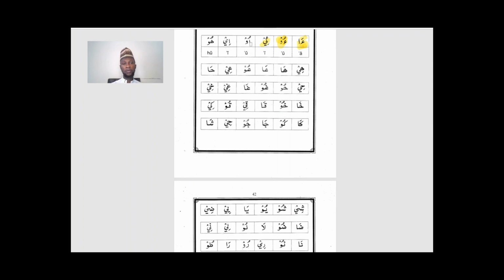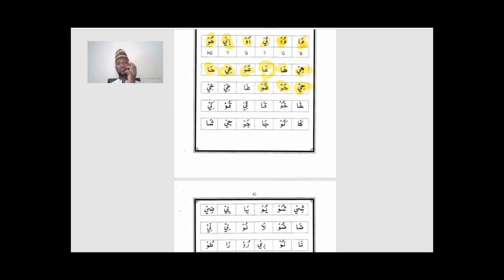So hamza damma waw madd, uu. Alif kasra ya madd, ii. Ha damma waw madd, huu. Ha kasra ya madd, hii. Ha fatha alif madd, haa. Ain fatha alif madd, aa. Ain damma waw madd, uu. Ain kasra ya madd, ii. The next line says ha kasra ya madd, hii. Ha damma waw madd, huu. Ghain damma waw madd, ghuu.